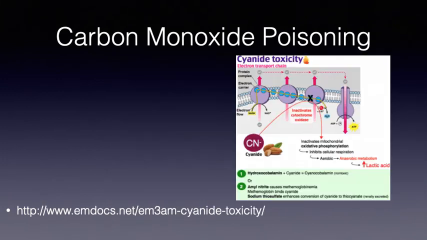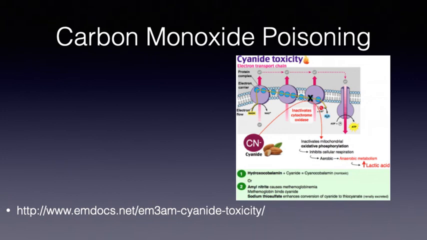I think the most interesting one for grabbing up the cyanide is when we use nitrites to intentionally make methemoglobin, which can bind the cyanide, at which point we call it cyanomethemoglobin. There's also using hydroxycobalamin to bind the cyanide, at which point we call it cyanocobalamin, which can then be renally excreted.